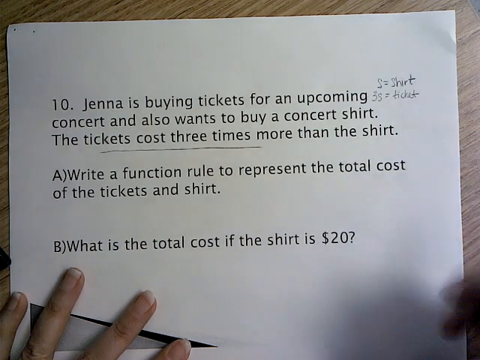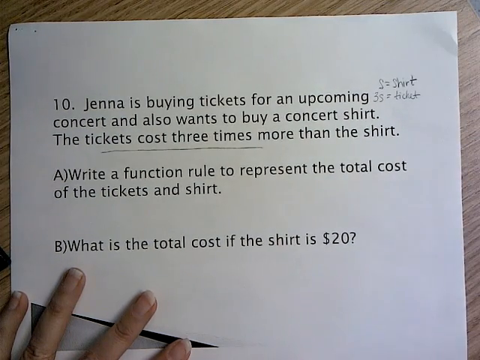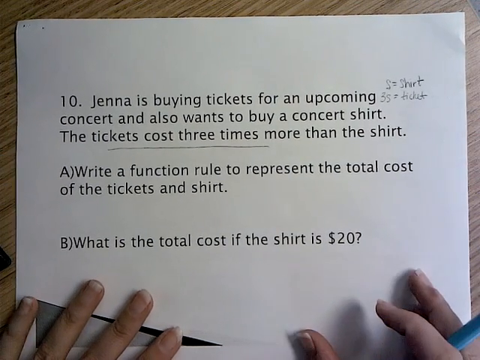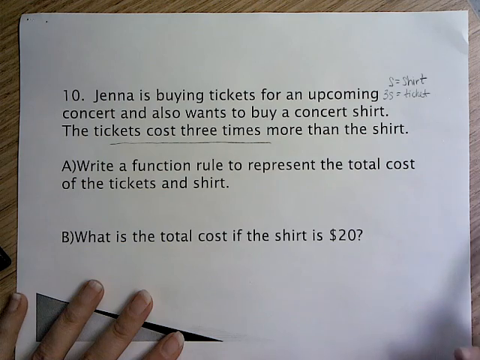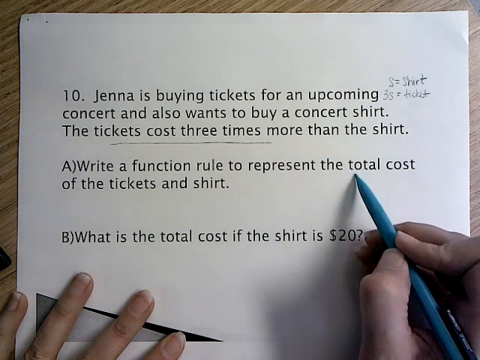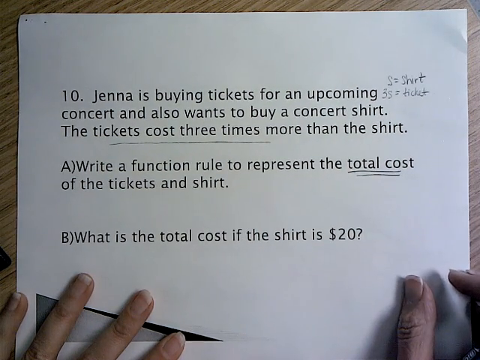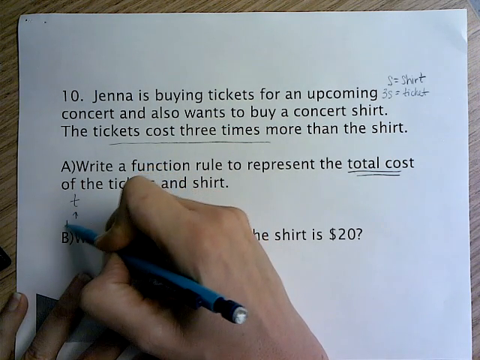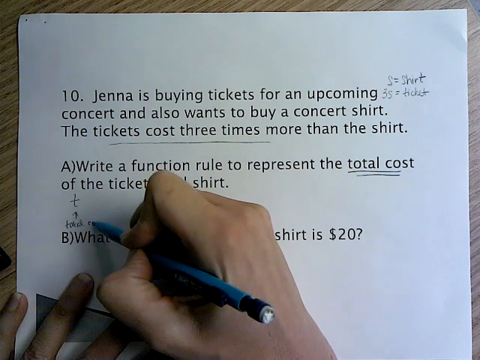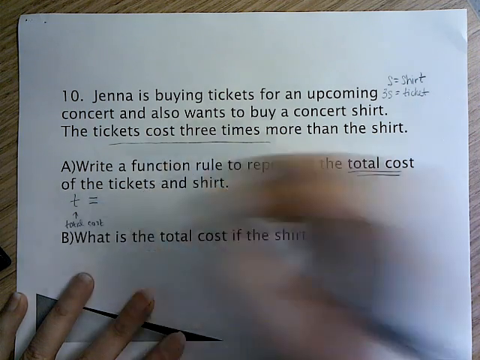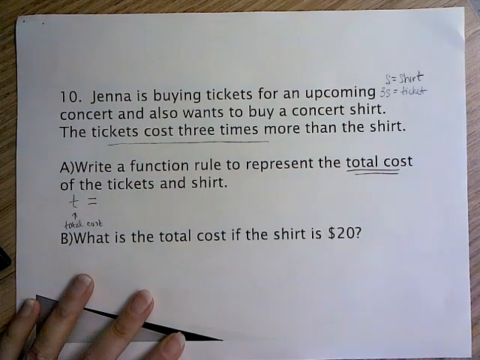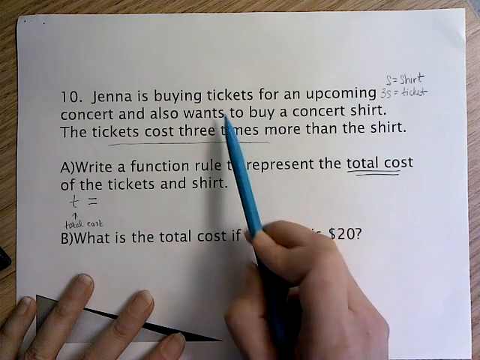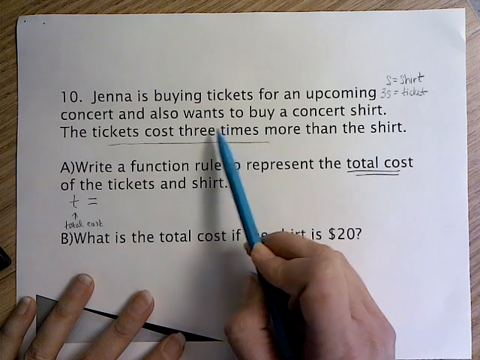So far, so good. Before we write a function, let's start by writing an equation because we're pretty good at that, I think. I need a function for the total cost. So I can say T can be my total cost. So how do I get that total cost if I'm writing an equation? Well, I want a total cost for a shirt and a ticket because she wants to buy a shirt and a ticket.